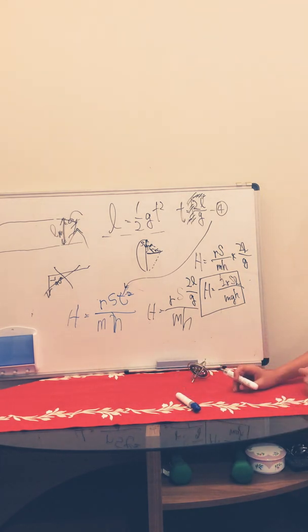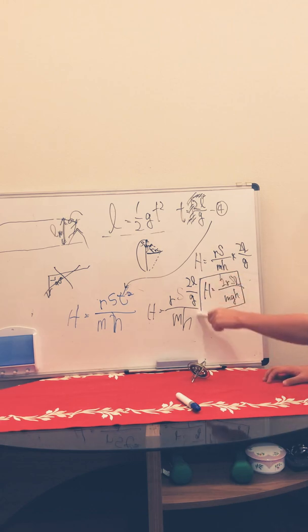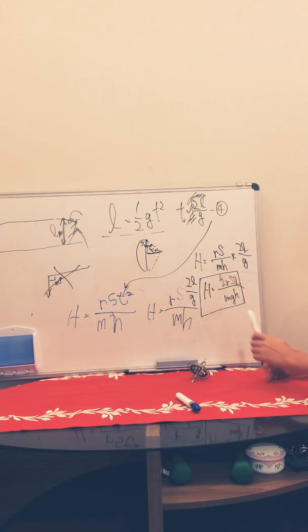So h equals 2RSL divided by mgh, and that is the formula which describes the distance the arrow flew.